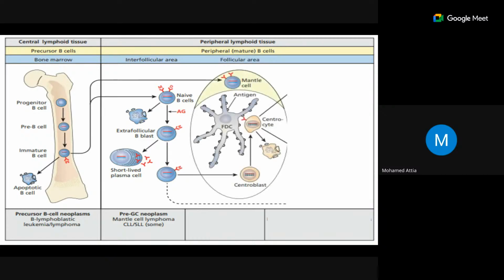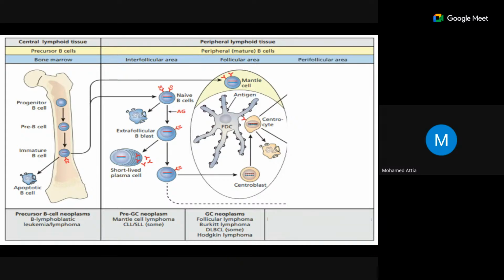But inside the follicle, there are other forms of malignancy. The most important and abundant of them is follicular lymphoma, but some of the diffuse large B-cell lymphoma occurs here too, because a lot of changes occur inside the follicle.